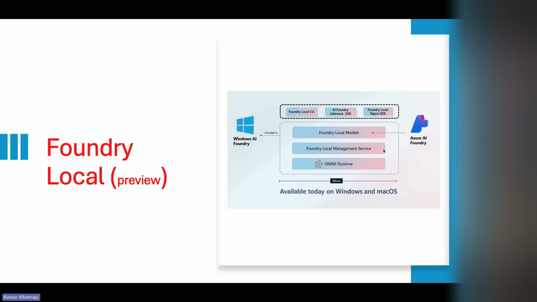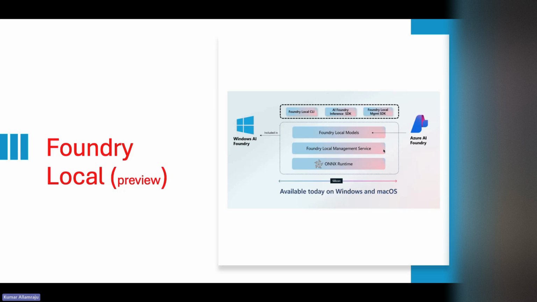And then Foundry Local has its own management SDKs in Python and .NET, which you'll be able to leverage. But most importantly, it runs on the ONNX runtime, which gives you high performance, right? So now you can ask me, do I need to have GPUs or whatnot? For example, today I'm presenting this on my MacBook.